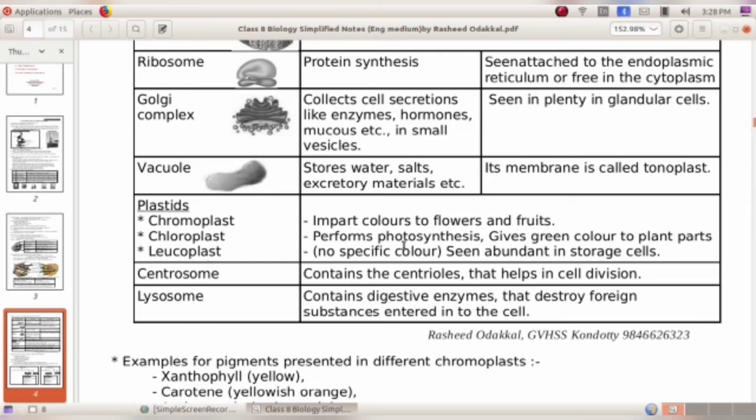Chloroplast, we already know, performs photosynthesis and gives green color to plant parts. And leucoplast has no specific color and is seen abundantly in storage cells. Centrosome and lysosome are the cell organelles seen only in animal cells. Centrosome contains the centriole that helps in cell division, and lysosome contains digestive enzymes that destroy foreign substances entering into the cell.